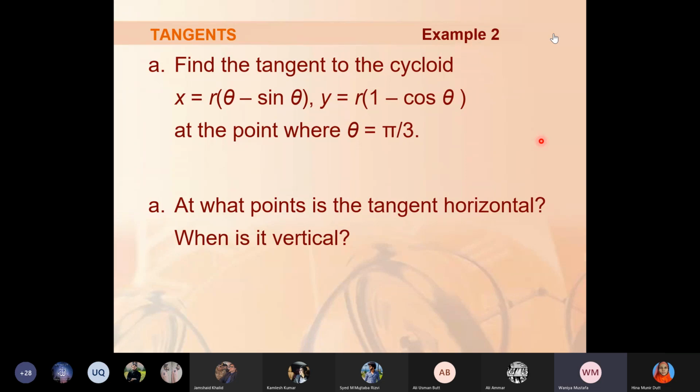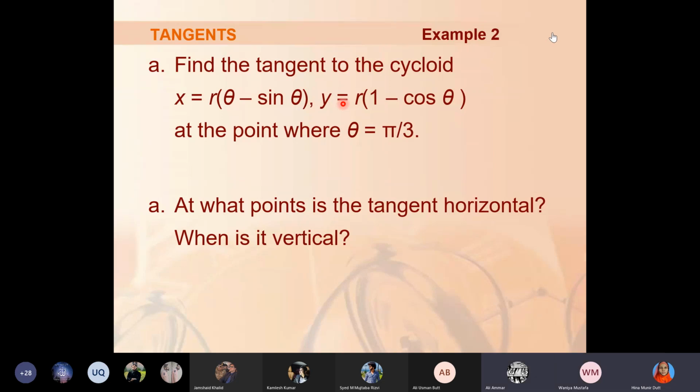Ma'am, what will be the point x and y for us here? Put theta is equal to pi by 3 in the parametric equations, you will get the point. See, put theta pi by 3 here and here, you will get the point x and y in terms of r. Okay.